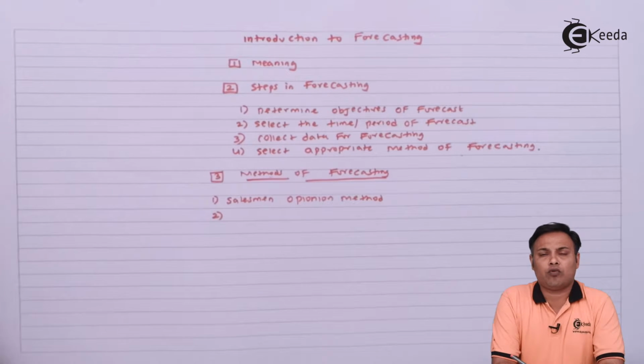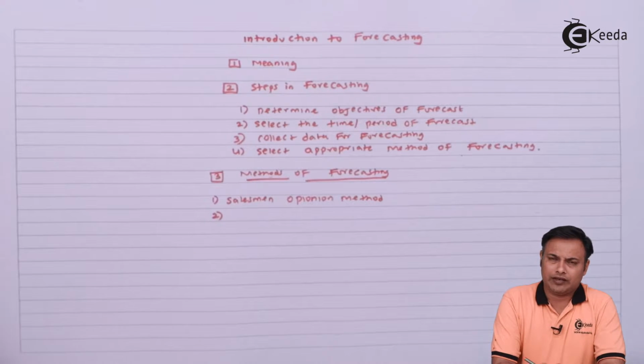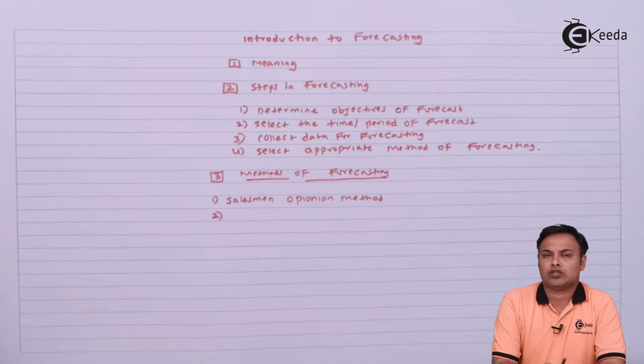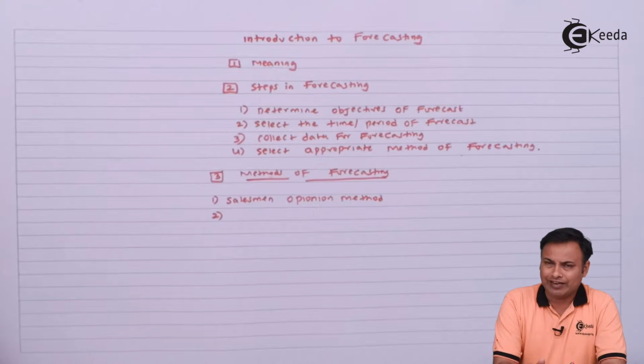Under the salesman opinion method, a firm or an organization or the sales manager may like to know the opinion of the salesmen who are in direct touch with the individuals or with the customers at the ground level. That way, the manufacturer may clearly know what the overall sales will be based on past experience.